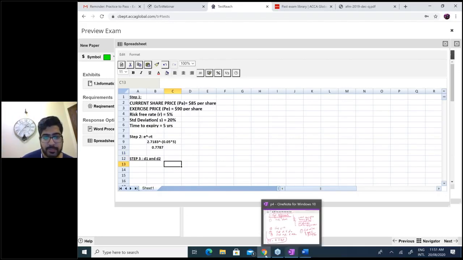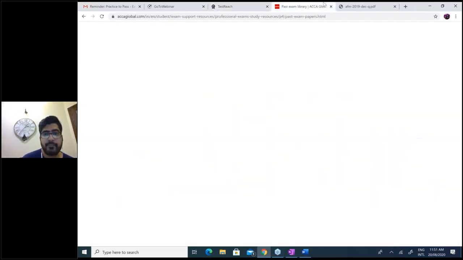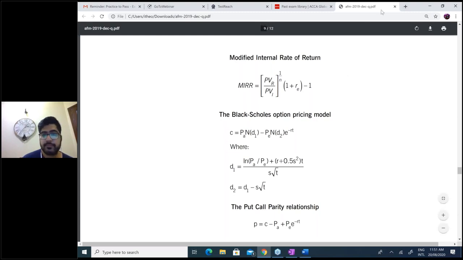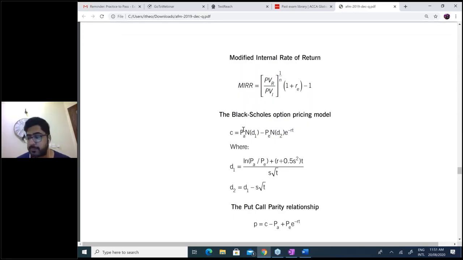The formula is the present. I've told you on the exam sheets. d1 equals ln of PA over PE plus R plus 0.5 S square into T, over S root T.